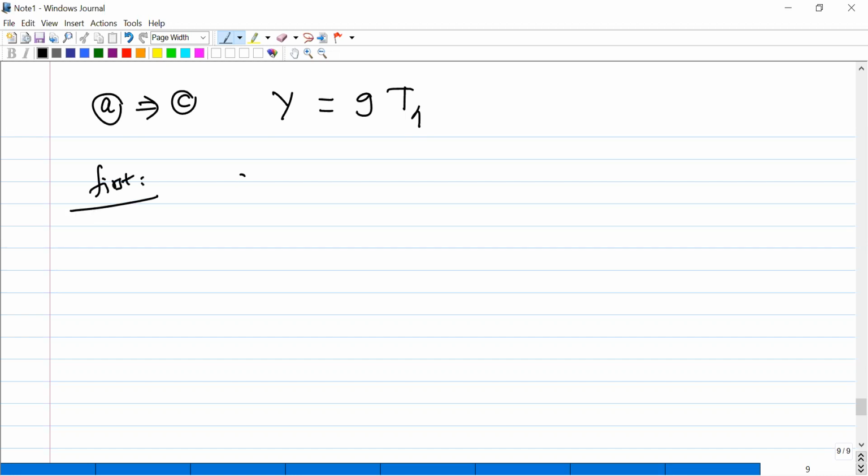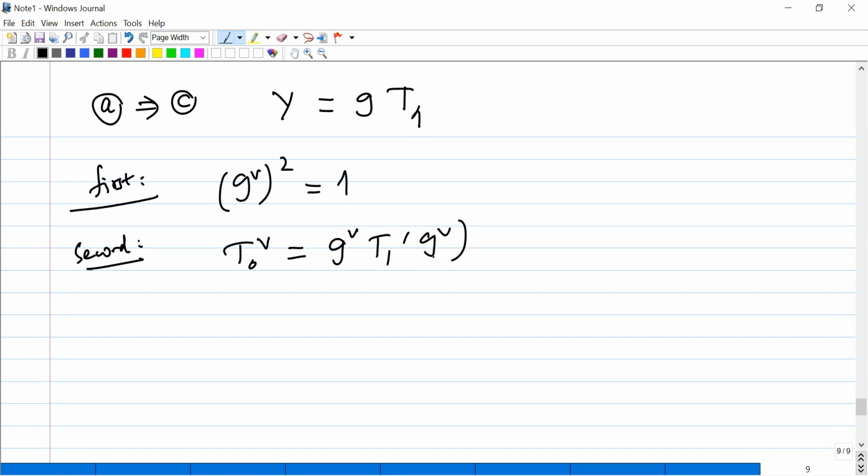The first relation is G check square is identity. The second relation is T naught check equal to G check T1 G check inverse. They immediately come from the respective relations that are there in A.